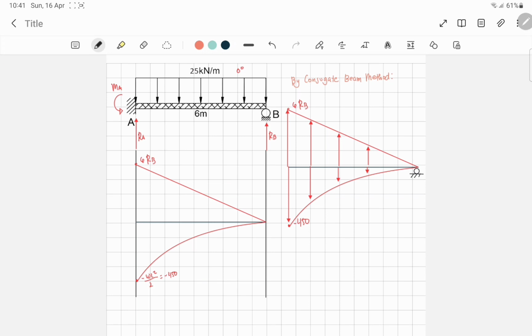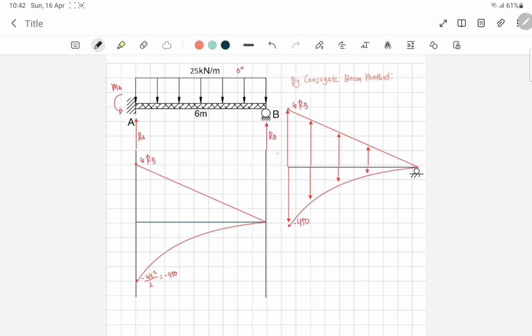As I discussed previously in our topic in school, when we convert statically determinate real beams to conjugate beams, they should always remain statically determinate. When we convert a statically indeterminate beam to a conjugate beam, it becomes an unstable beam.